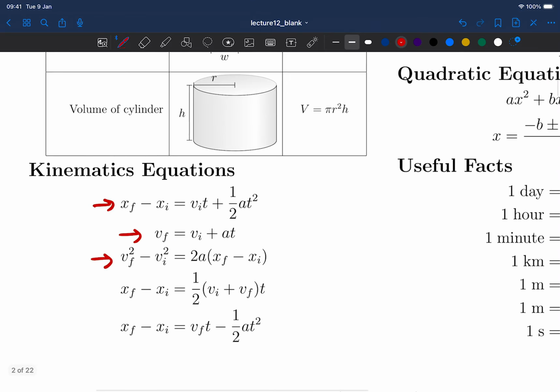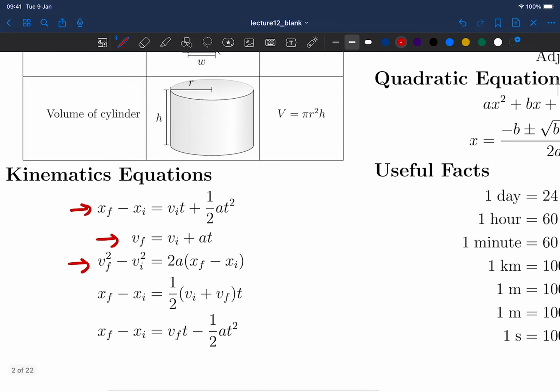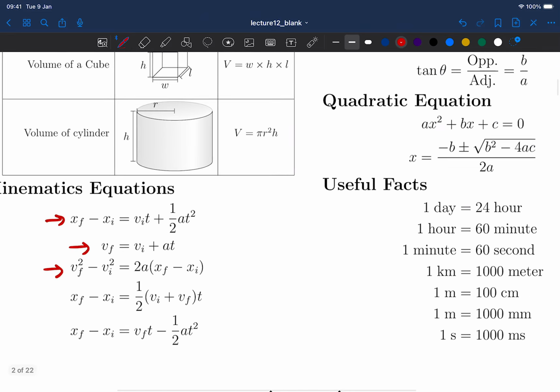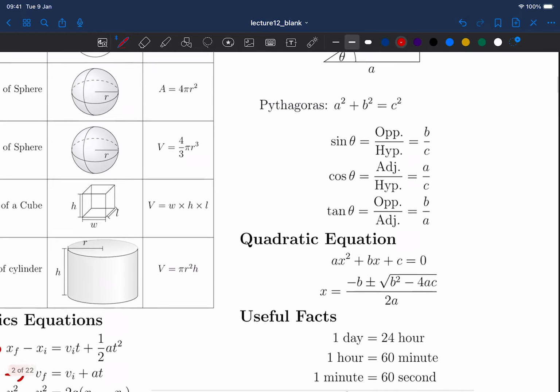The last two, you can derive from these three, but we don't use them as often, because the first three already give you the answer if you use them carefully. Okay, so that's the kinematics equations.